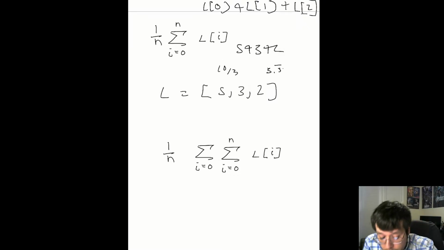It could be 3 by 4 or something. So let's call this one n sub 2 and n sub 1. And now you're going to take I all the way to n sub 1 and then I all the way to n sub 2.